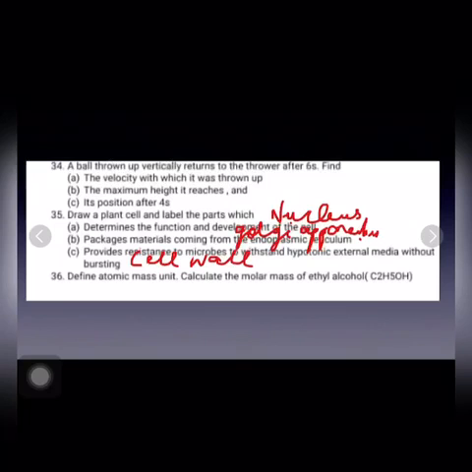The molar mass of carbon is 12. The molar mass of hydrogen is 1. Molar mass of oxygen is 16. So 12 into 2, because there are 2 atoms of carbon, plus 1 into 5 plus 16 plus 1. Solve this and you will get the molar mass of ethyl alcohol.